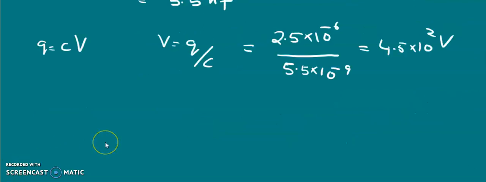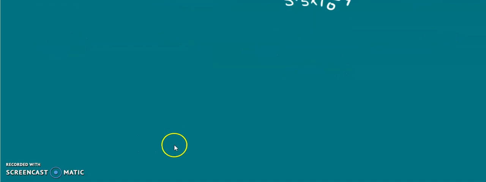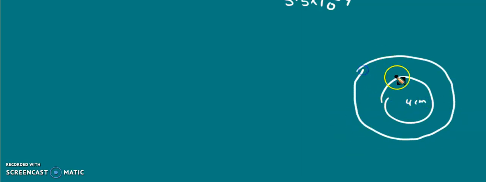Now the next problem is that a sphere of 4 centimeter radius is suspended within a hollow sphere of 6 centimeter radius. So we have a sphere of 4 centimeter radius inside a sphere of radius 6 centimeter. The inner sphere is charged to a potential of 900 volt when the outer sphere is earthed.